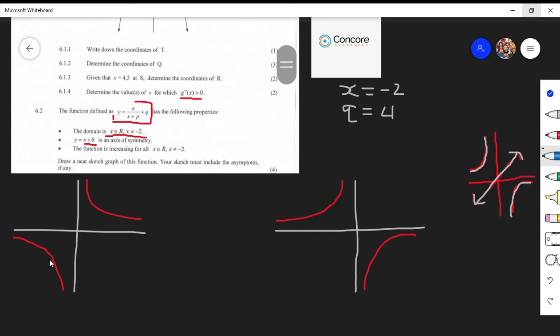Okay, so now let's start with the one on the left. You can see that as the graph goes to the right, the x values are increasing, right? And the y values are also increasing, because you can see as it's going to the right, all the y values are positive?